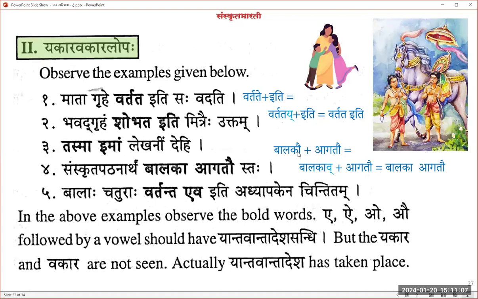So first we took the vanta desha, then we did a valopa. Balaha chatura. What is that meaning? Samskrita pathanartham. For the purpose of reading Sanskrit, two boys have come. Dvivachana, the whole thing. Staha is also dvivachana, see kriya pada. So the karta is dvivachana.